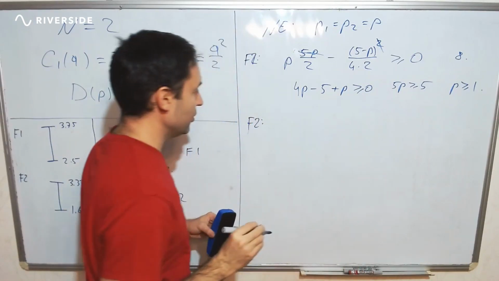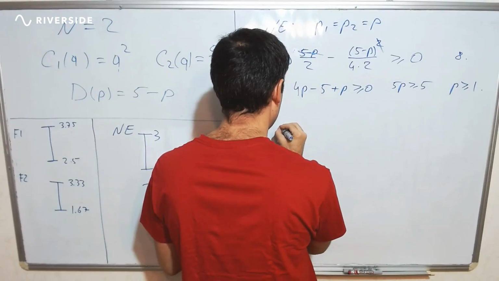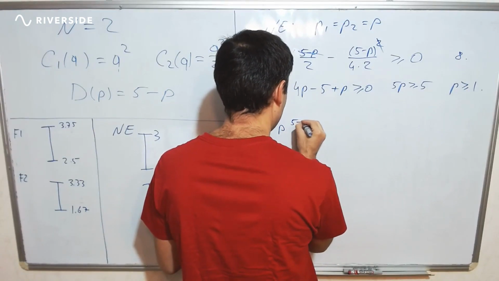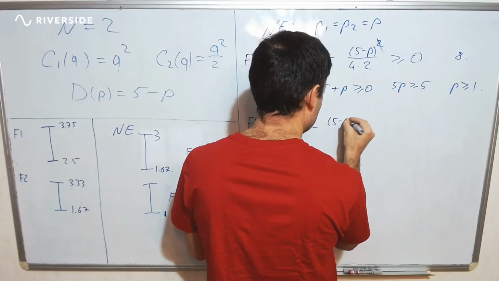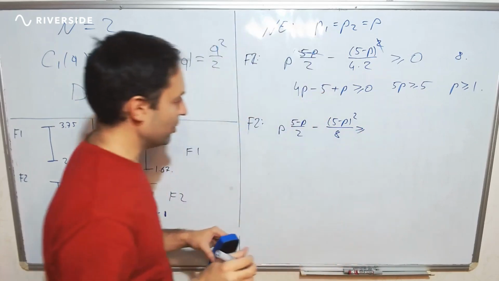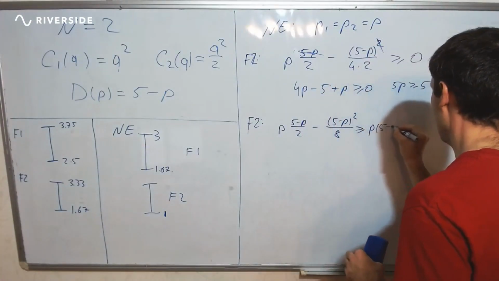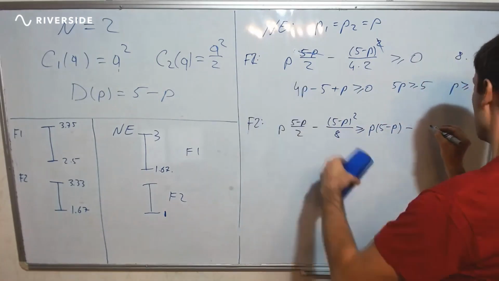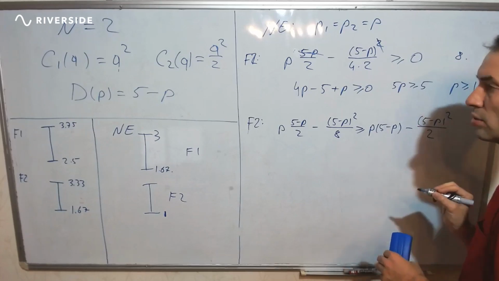Finally, no undercutting condition. So again, we write profit of firm 2, p(5 minus p)/2 minus (5 minus p) squared over 8 has to be better than if it just serves its whole market by itself. So this is sales minus the cost over 2.